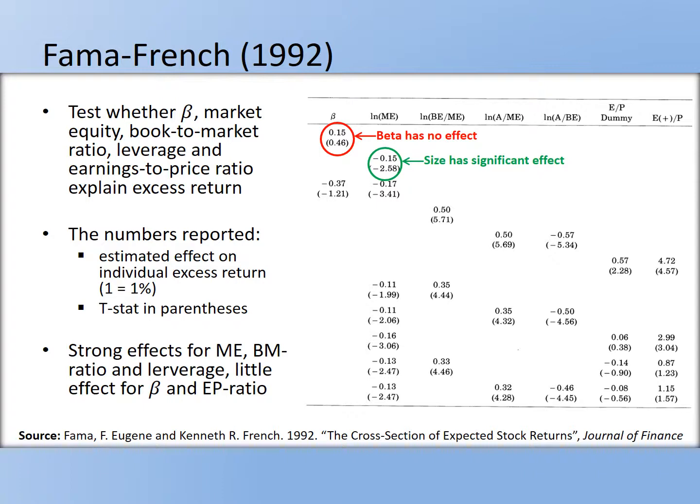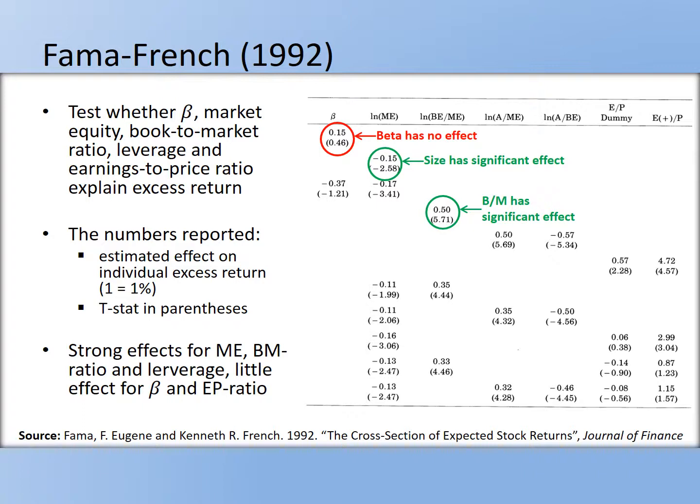And notice that this is log. When you put a log term in a regression, it becomes a percentage change, so this gives you a very nice interpretation. A 1% increase in market capitalization gives you a negative 0.15% change in excess return on average.